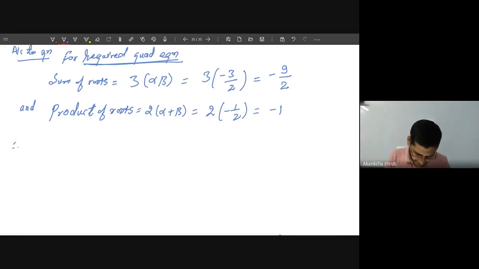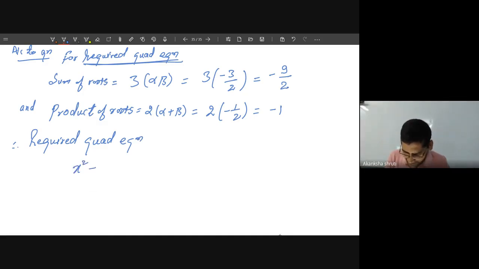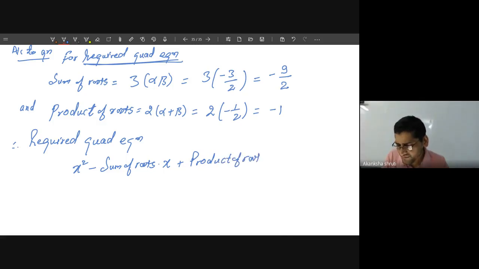Therefore, what is the required quadratic equation? It will be x square minus the sum of roots of the required one into x plus the product of roots.